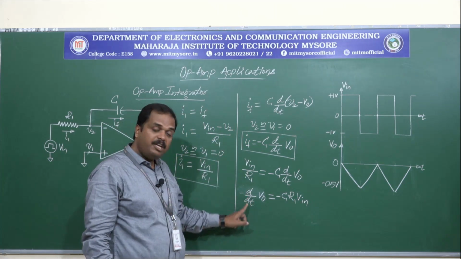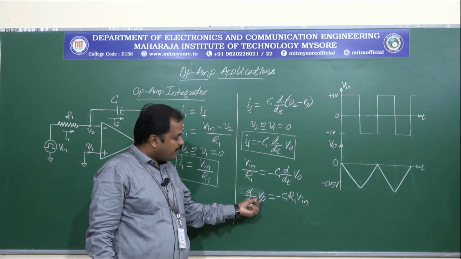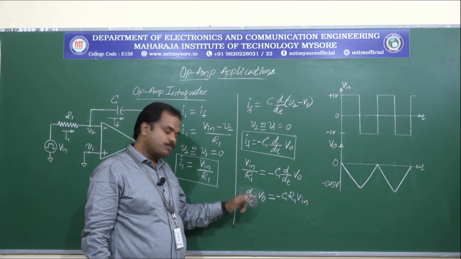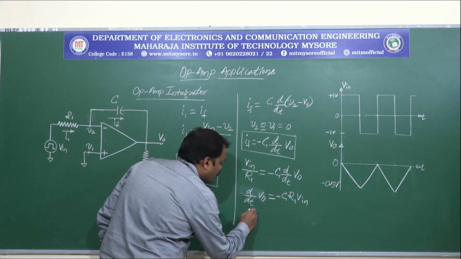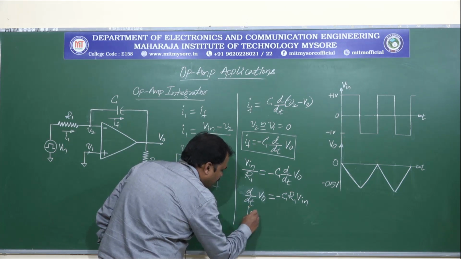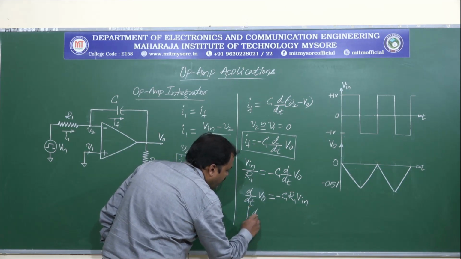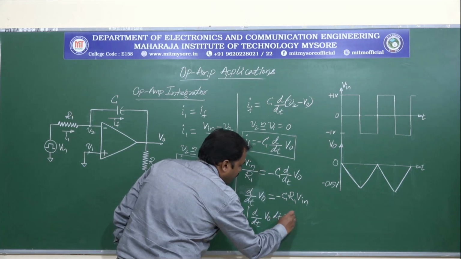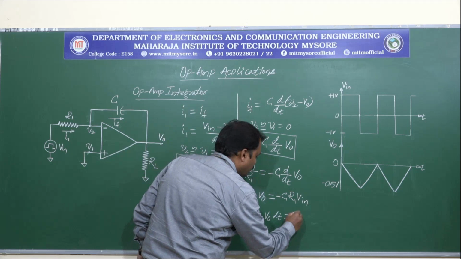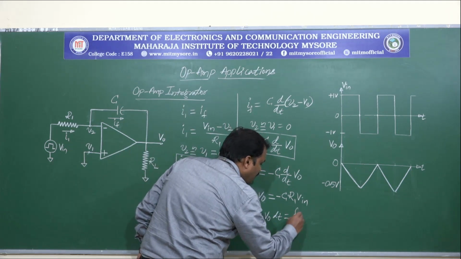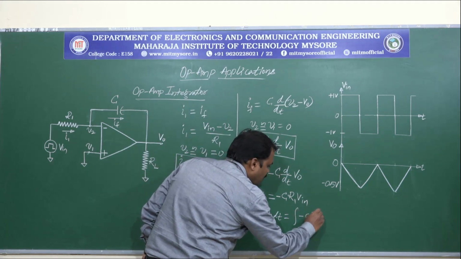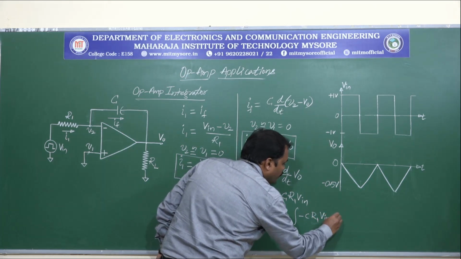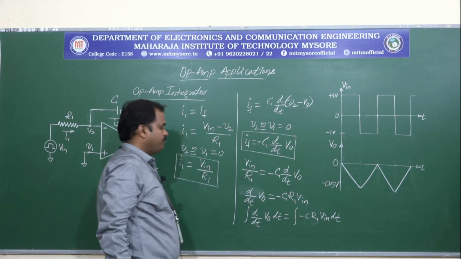Now what we have is d by dt of V0, and what we need is V0. So we'll integrate both sides with respect to time. Integration of d by dt V0 with respect to time is equal to integration of minus 1 by C R1 into Vin with respect to time.